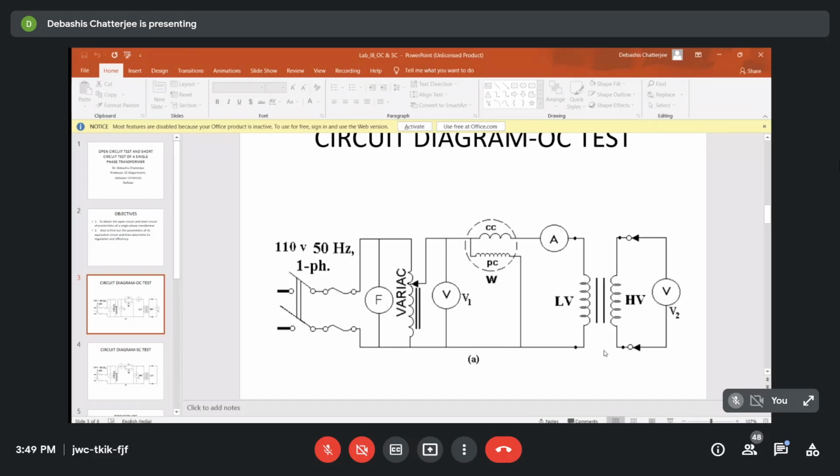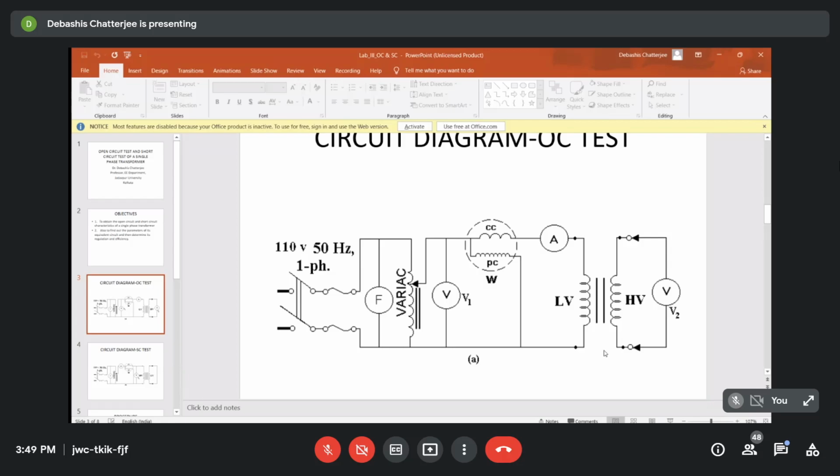So from here you can determine the shunt elements, that is, the core loss resistance and the magnetizing inductance, right? And for the short circuit test, as it is short circuited, normally current flows through the low resistance path only.